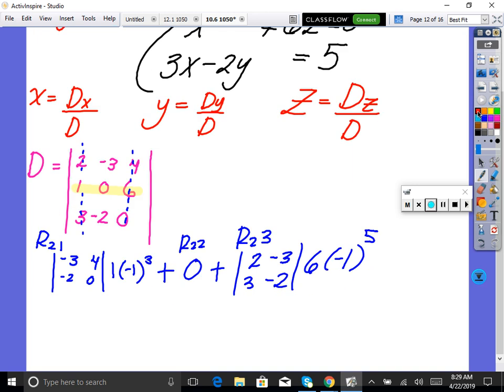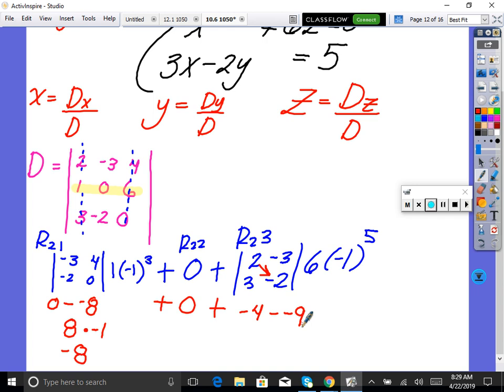So now we have this. -3 times 0 is 0, minus -8. That's 8, and we're timesing it by -1, aren't we? So -8, and then we're going to add that to 0. Then we're going to add that to -4 minus -9.